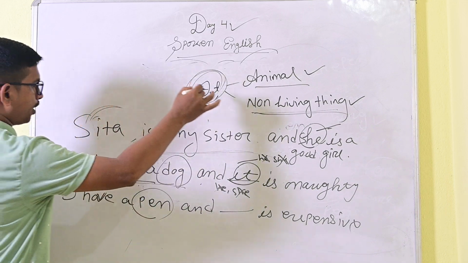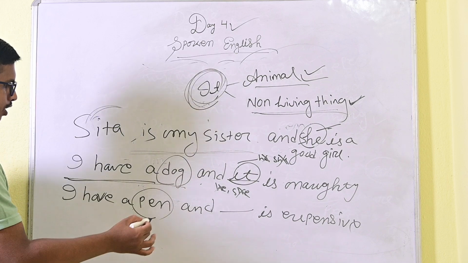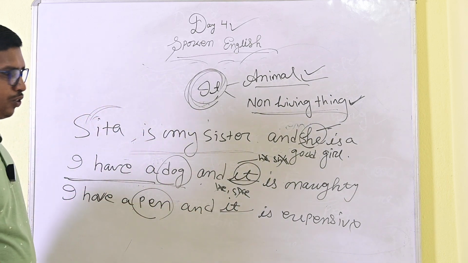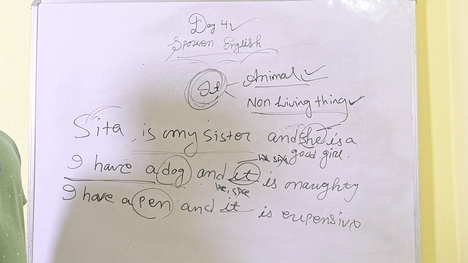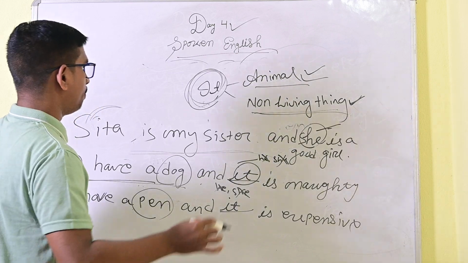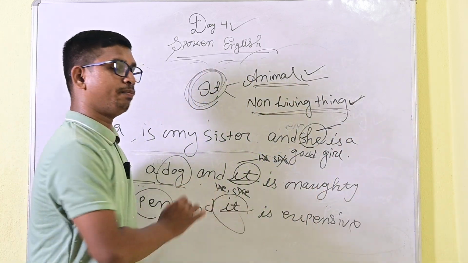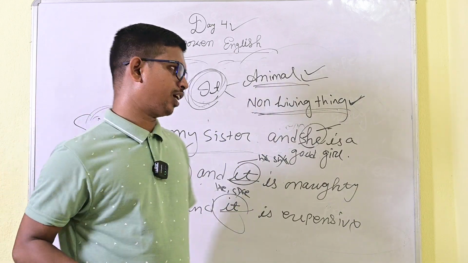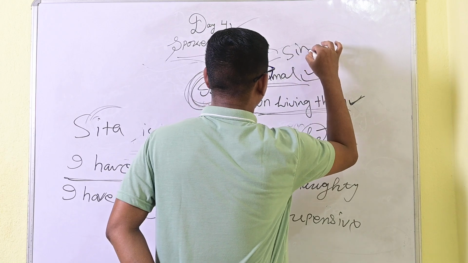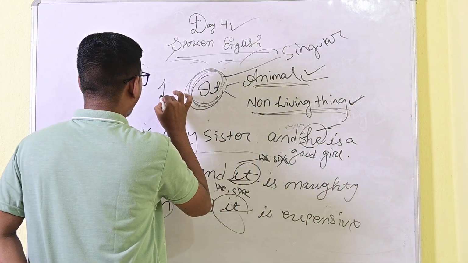So with animal and non-living thing we have to use it. For people we use he and she, and that should be singular. But for animal and non-living thing we use it. One thing you have to understand, we use it for singular. Singular means it must be one.